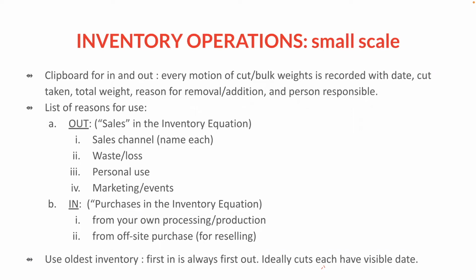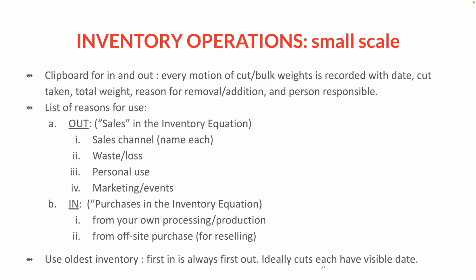This allows you to track back for when there's actually problems, and the fewer people involved in inventory, the better. So we want to keep fewer brains and hands involved in this process, just because that leaves less room for human error.